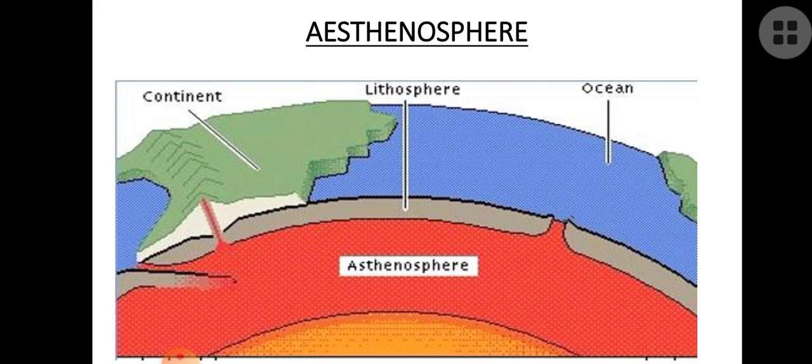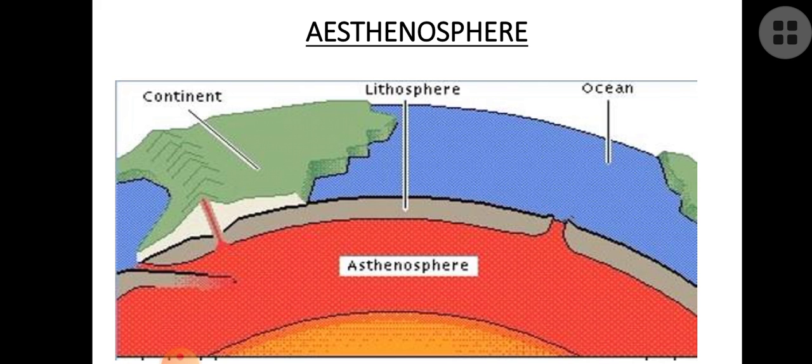We call it magma. When the magma erupts from the volcano, it flows like a river. When you see the magma flowing out, we call it lava. When the magma is inside, we call it magma. When it flows outside, we call it lava.